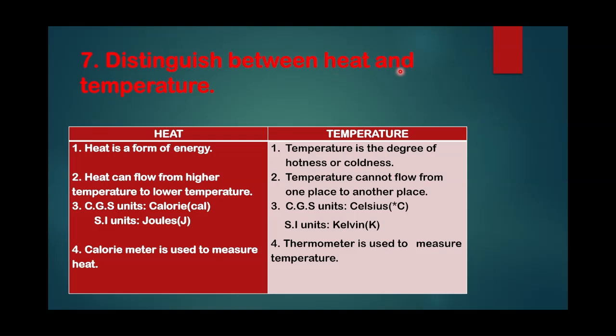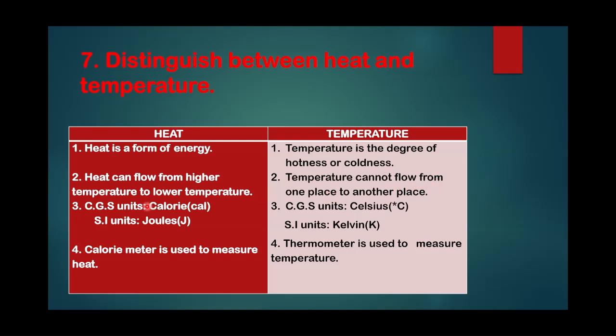Distinguish between heat and temperature. What is heat and what is temperature? Heat is a form of energy and temperature is the degree of hotness or coldness. Heat can flow from higher temperature to lower temperature, but temperature cannot flow from one place to another.